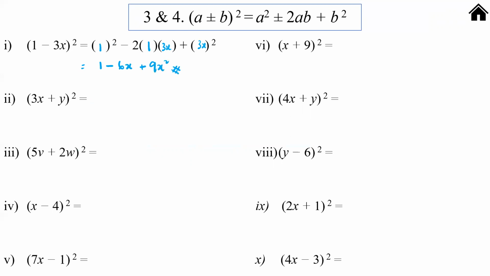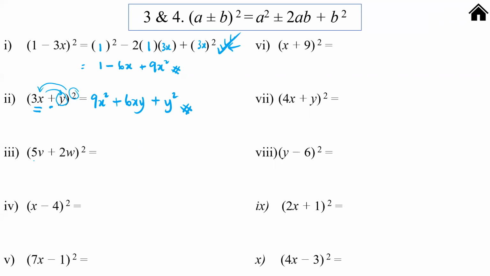Once you are okay with the formula, go straight to the application. a squared, the square of this, so we have 9x squared plus 2ab, 2 times a times b, so we have 6xy plus b squared, which is y squared. That's it. You can omit this as long as you are familiar with the formula. Otherwise, keep using this formula.